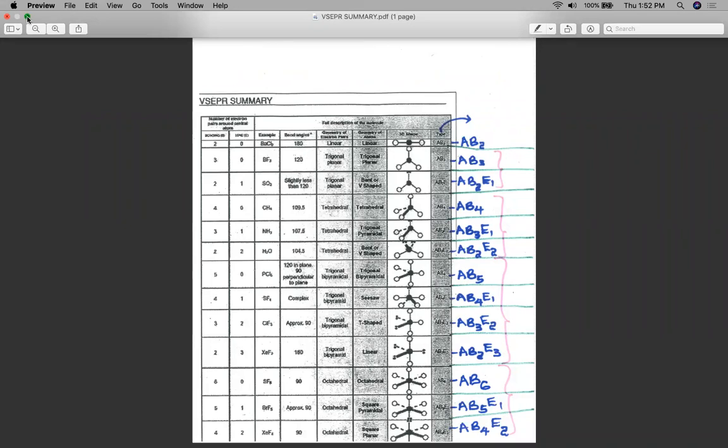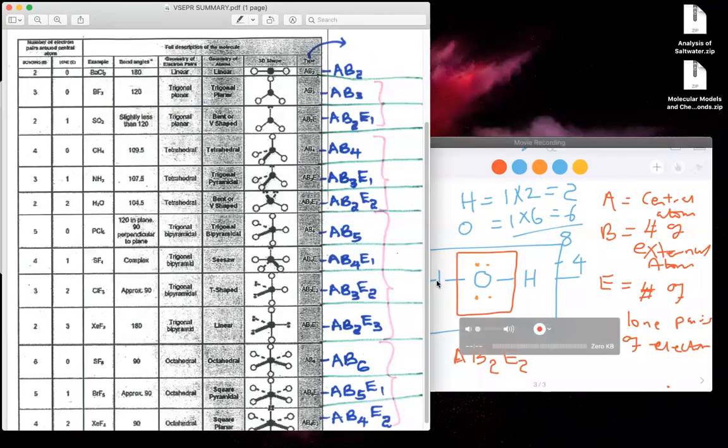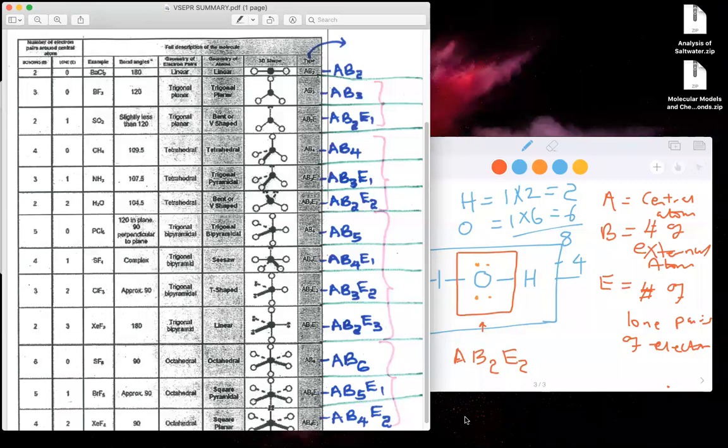So for H2O, the electron geometry is tetrahedral, and the molecular geometry is a V or bent shape. I want you to use the configuration I have here.